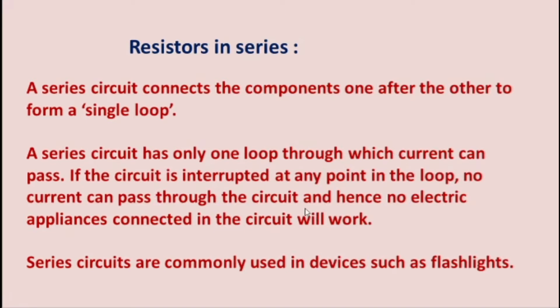If the circuit is interrupted, it means we stop the continuous process. If we cut the wire, the circuit is interrupted. At any point in the loop, no current, that is very important, can pass through the circuit, and hence no electric appliances connected in the circuit will work. So series circuits are commonly used in devices such as a flashlight.